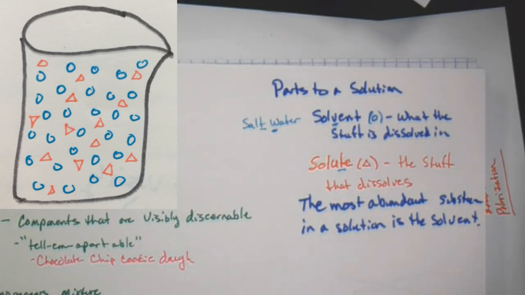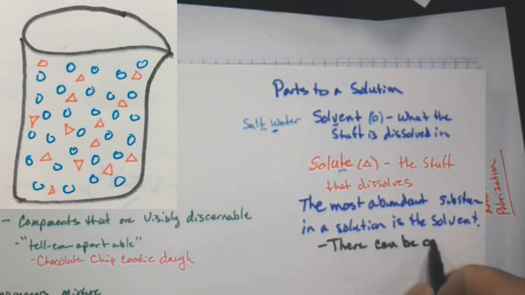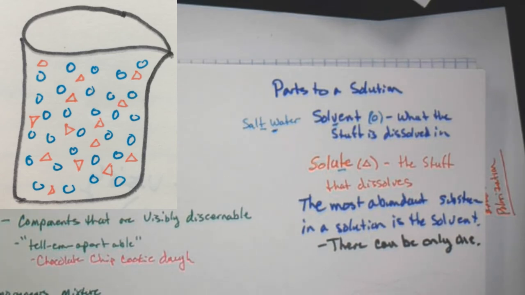So whichever one you have the most of, that is your solvent. Everything else are your solutes. And there can be only one. There can only be one solvent in your solution. Everything else is a solute.